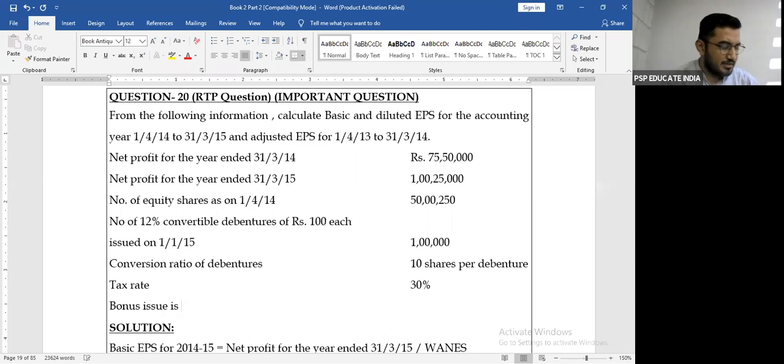Bonus issue is 1 share for every 2 shares held. Bonus issue, please add this statement.